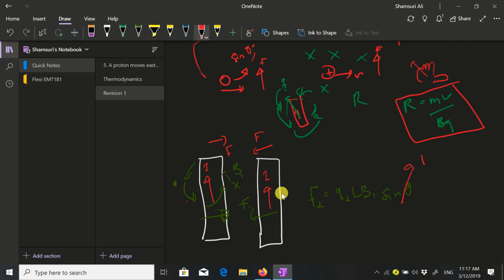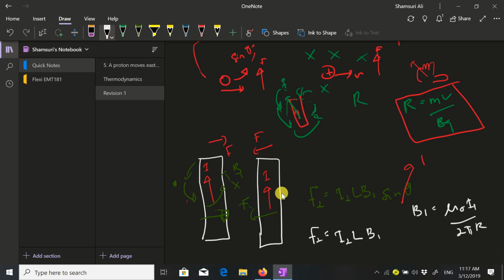Then the formula is F2 equals I2 L, the length of distance, times 1, and B1 is equal to mu naught I1 over 2 pi R.